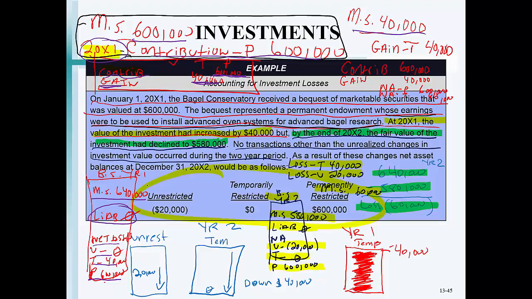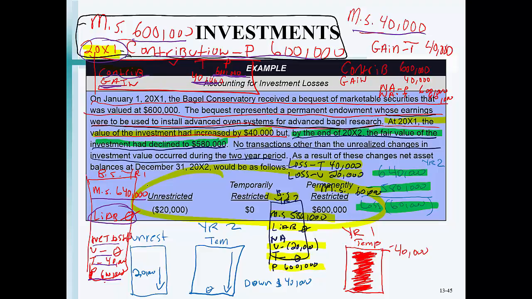The first 20,000 of that gain will be reported in the unrestricted column, because we have to put back what we took out of unrestricted from year 2's losses. And then the remaining 10,000 goes to temporary restricted. Now we've got 10,000 sitting in there, which we can use for oven research or whatever, or leave it there to absorb future losses, right?